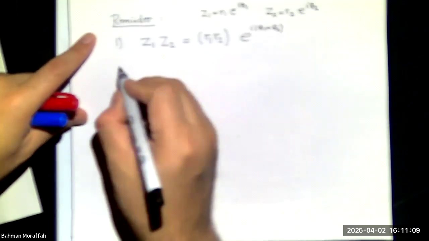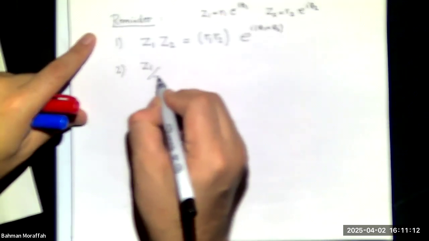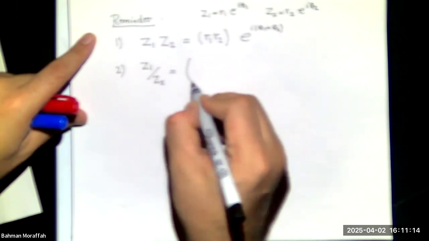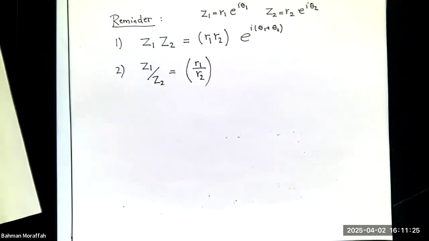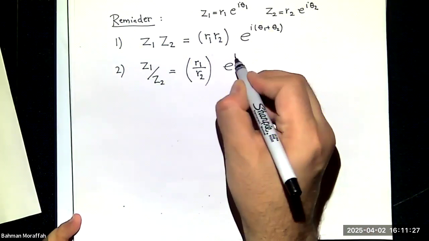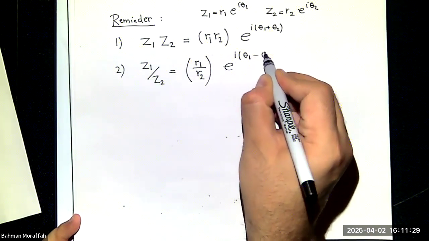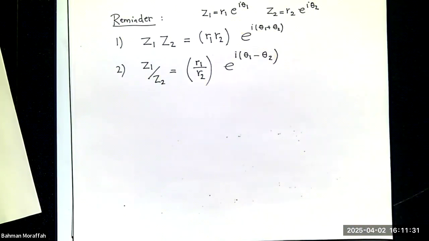When I'm dividing two complex numbers, I'm dividing the magnitudes but subtracting the phases. That's very, very important.